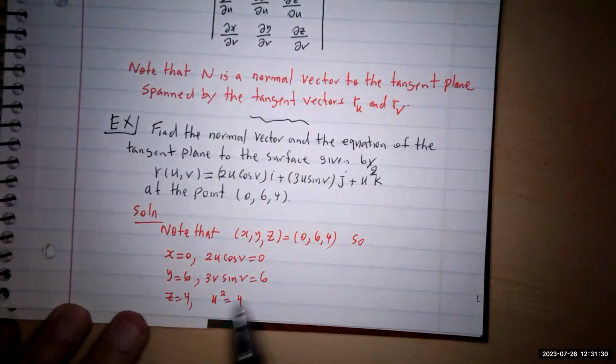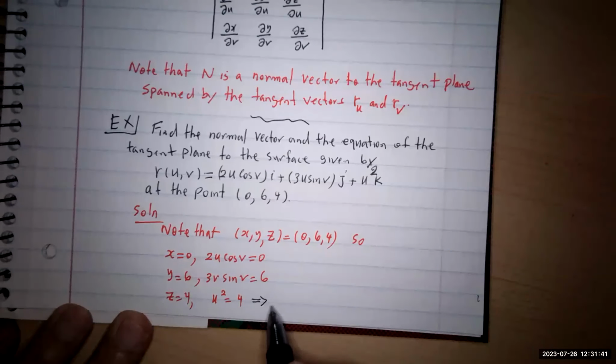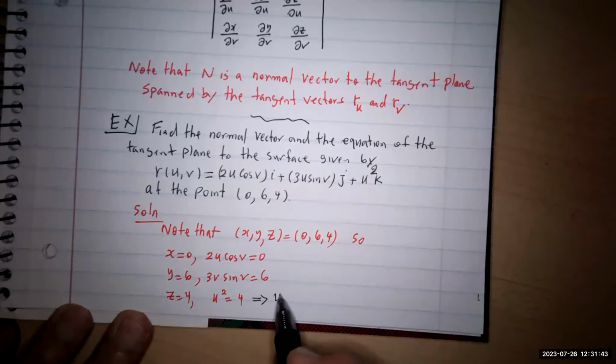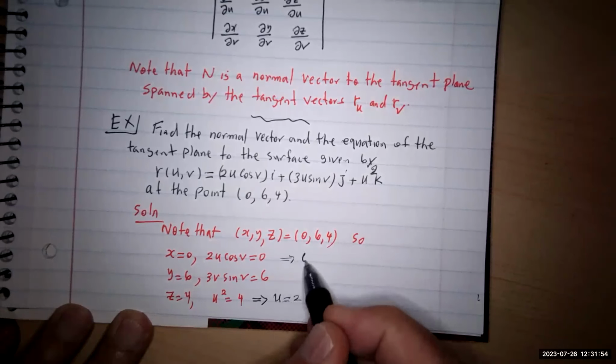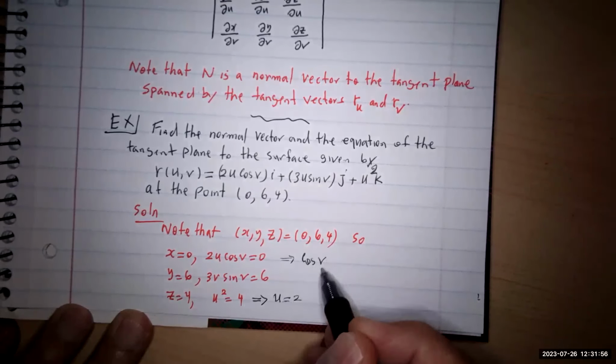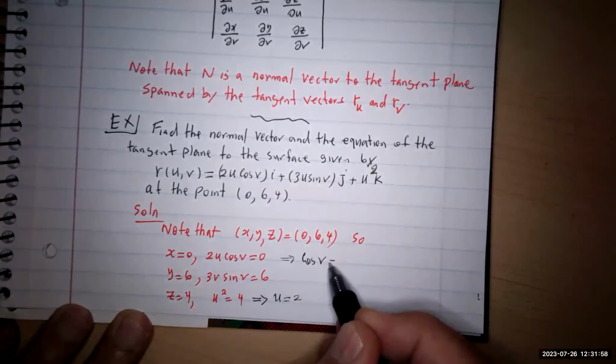So what we can do is find the u first. For example, if you pick u to be equal to 2 here, then from the first equation you get cosine v equal to 0, because u is not 0.